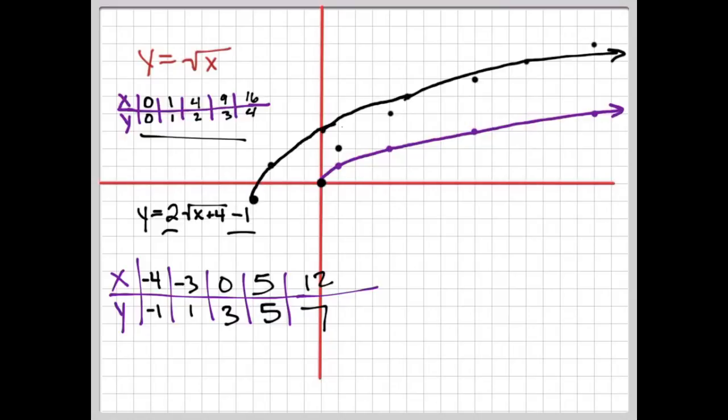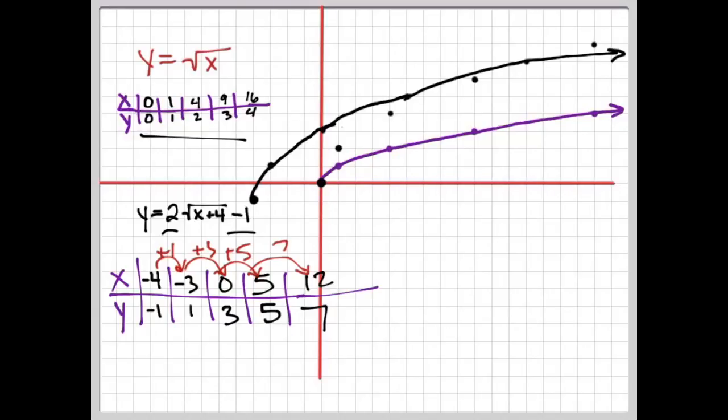Because that's how our perfect squares go up. So the numbers that we're going to put into our square root, we want to go up by the same pattern. Okay, up by 1, up by 3, up by 5, up by 7, and so on.